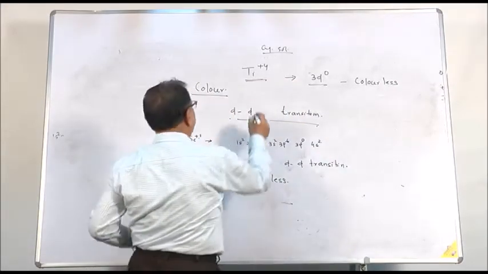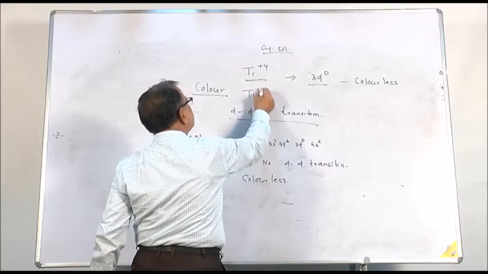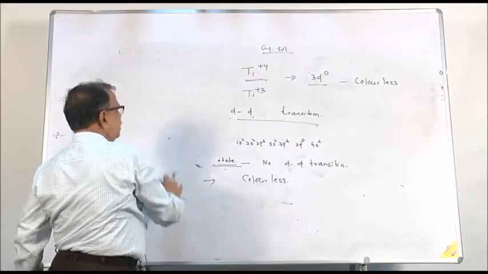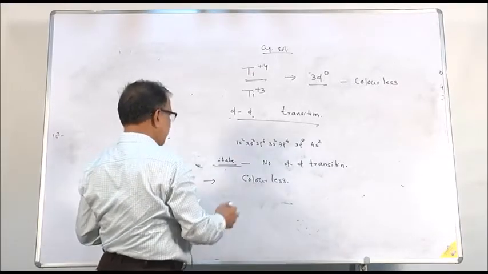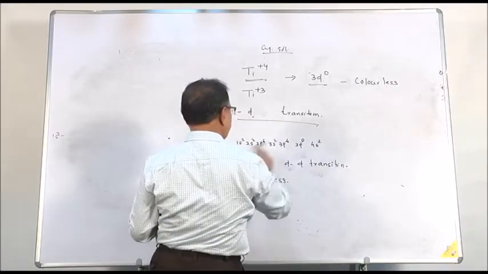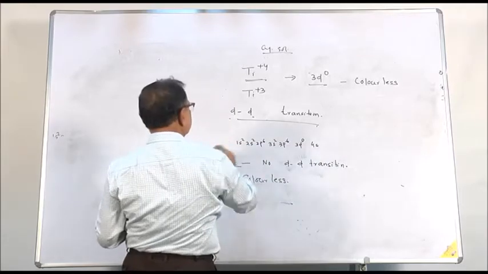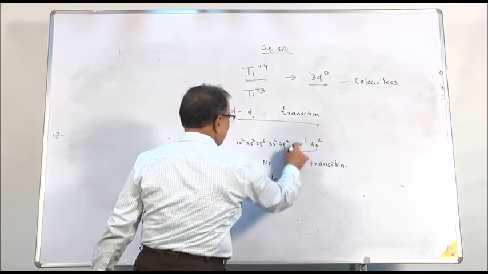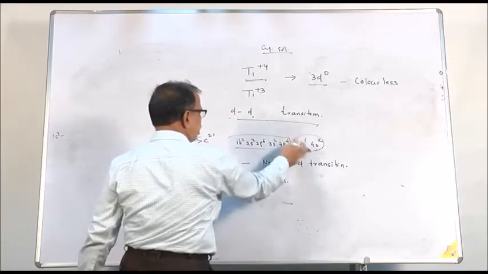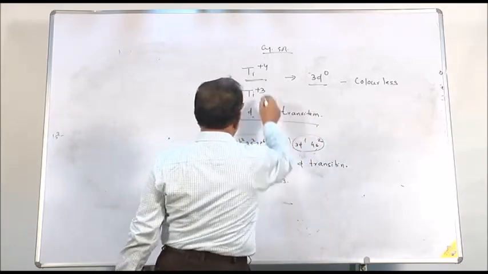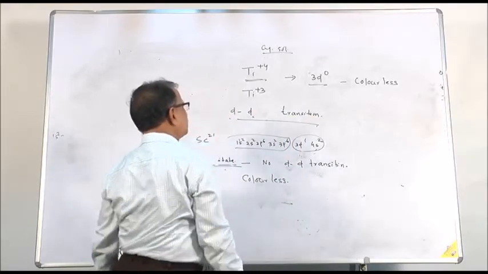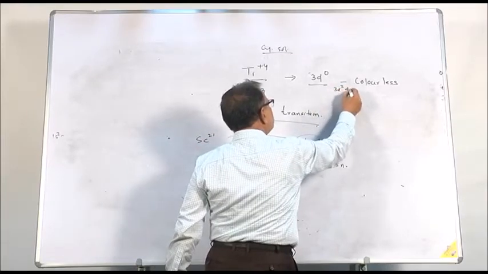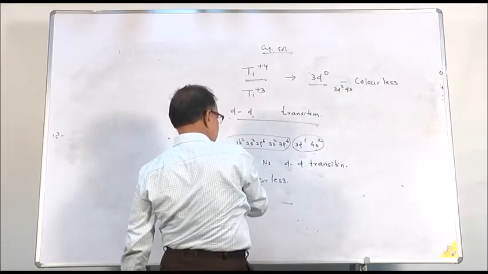Then titanium plus 3. Scandium plus 3 has no unpaired electrons, so there is no transition. Scandium is in the plus 3 state, not plus 1, as I have told you.